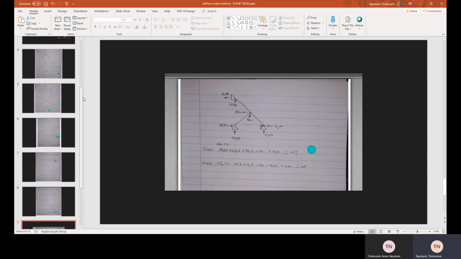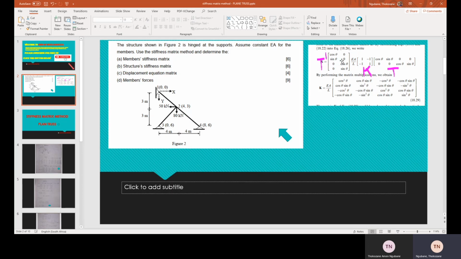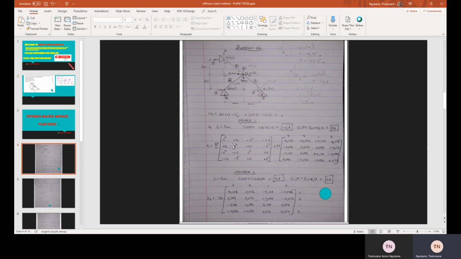Let's do our smaller recap. What did we do? Okay, we have our formula here, which is for T and T lambda. First thing, we find the length of the member, and then we find cos theta and sin theta, and then we use this formula to calculate k1, k2, and k3.